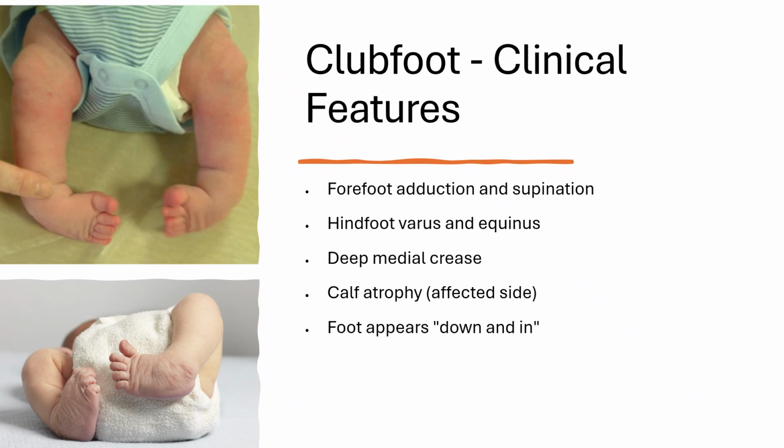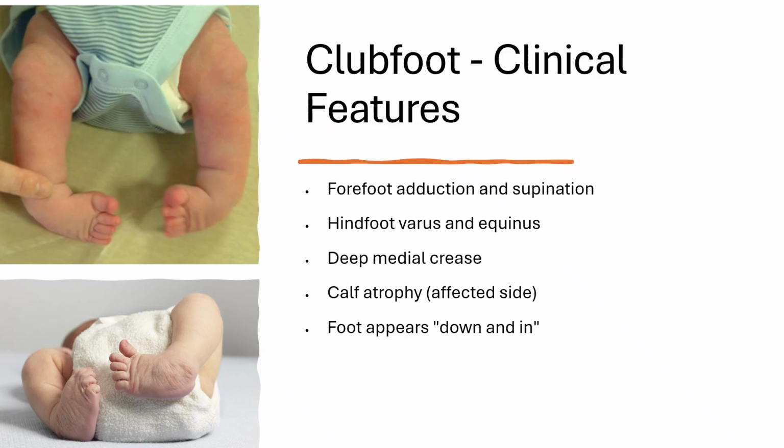Calf atrophy on the affected side occurs because the abnormal foot position alters normal muscle development and use patterns. The affected calf appears noticeably smaller than the normal side and may remain permanently smaller even after successful treatment. When you step back and observe the overall appearance, the foot looks like it's positioned down and in, with the sole facing backward rather than downward.